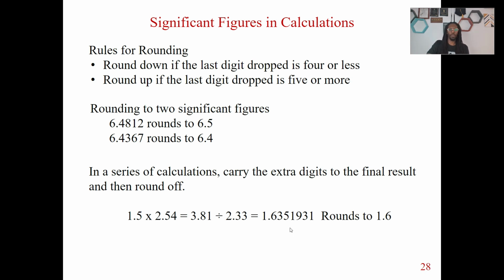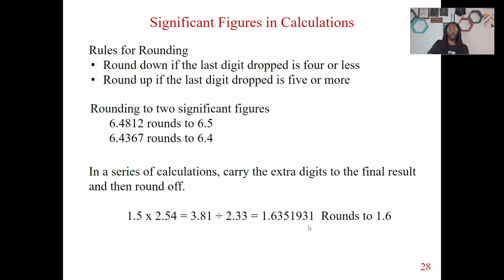So for example, let's say that I have to multiply 1.5 times 2.54, which will give me 3.81. Then I have to divide by 2.33. So my final answer, I'm going to get 1.6351931. This is what I'm going to get.